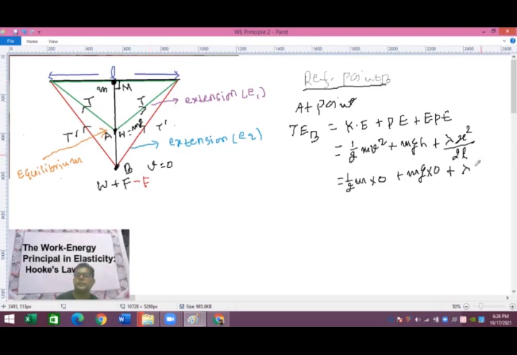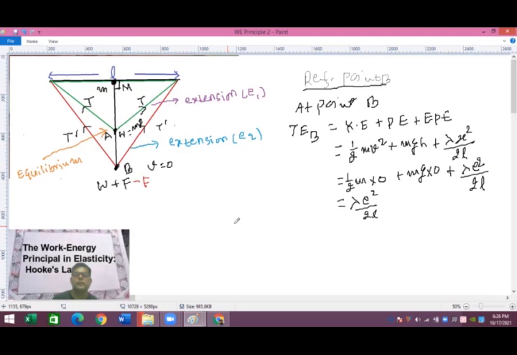So we can write in general lambda e square by 2 times l. E square means we have to find what the extension is at this point. So at point B, the total sum of energy is only lambda extension square by 2 times L.